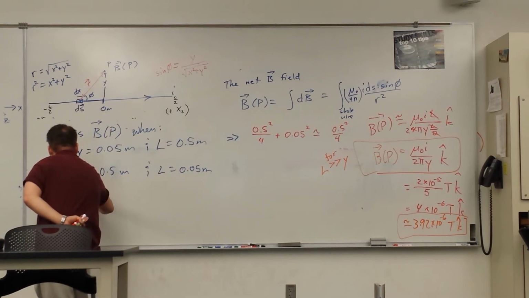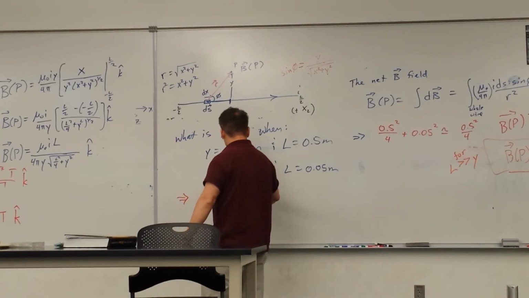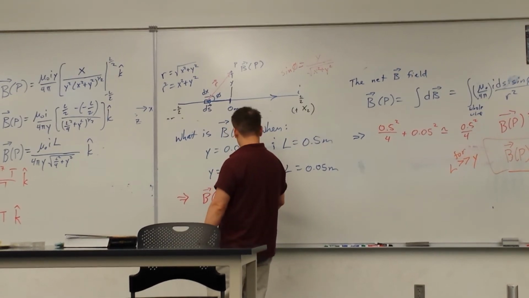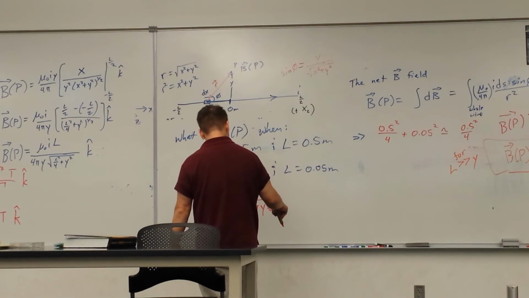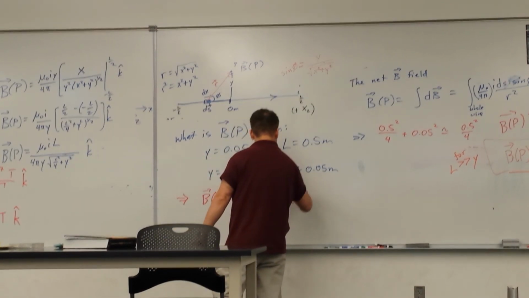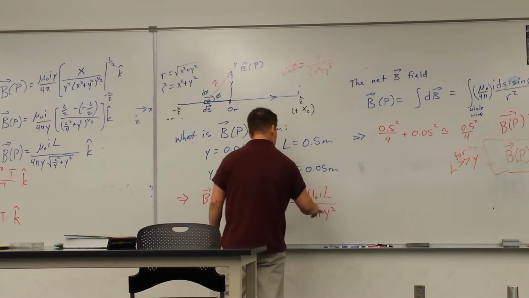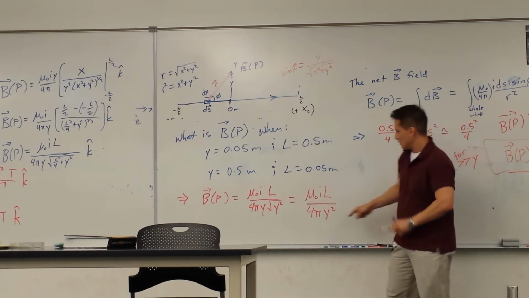So for the second one, dB should look something like mu naught I L over 4 pi y square root of y squared. Or mu naught I L over 4 pi y squared. What does this look like? One y comes out.